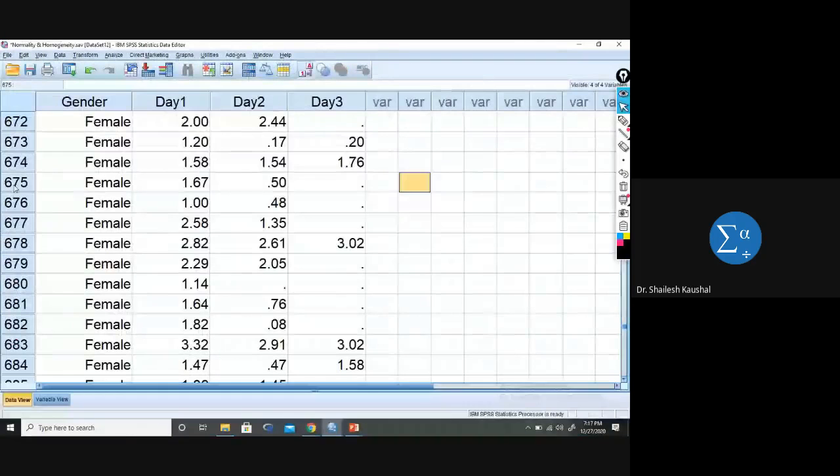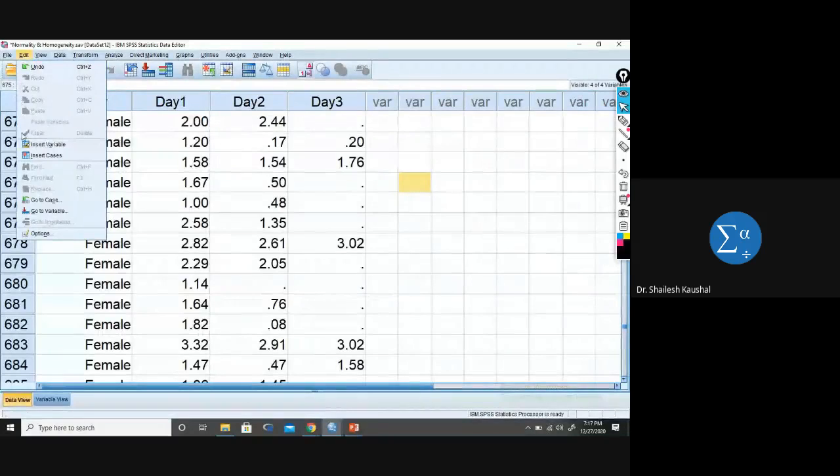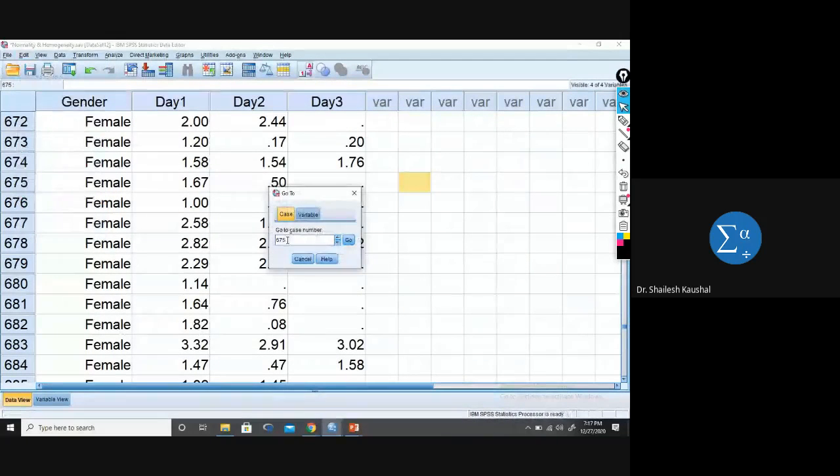We go to Edit, and then Go to Case. We know the case number is 672. I am writing 672 here and Go. After Go, we find this. Earlier it was 20.